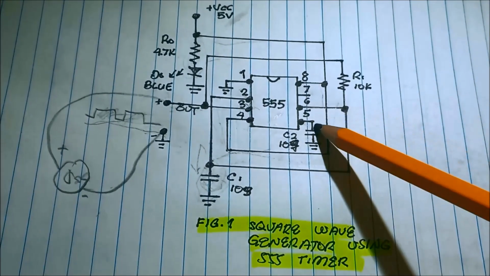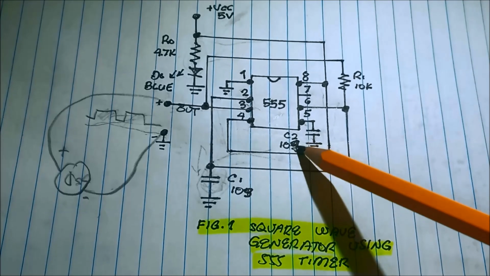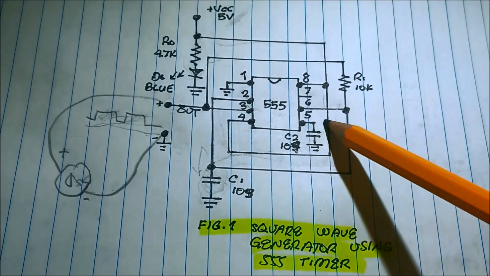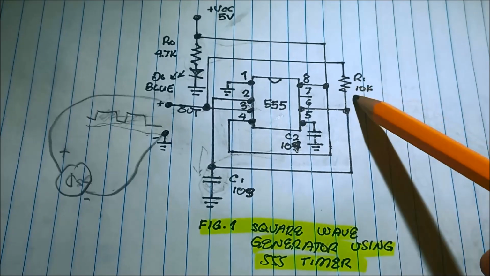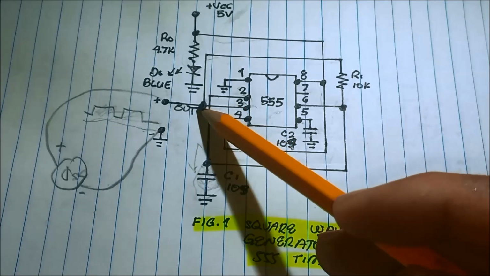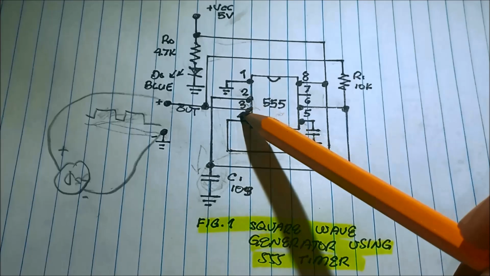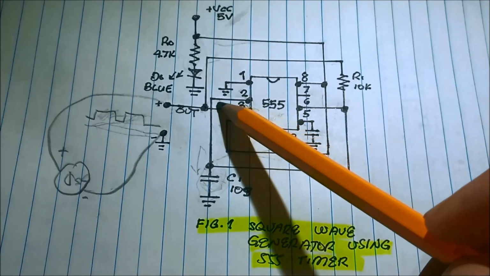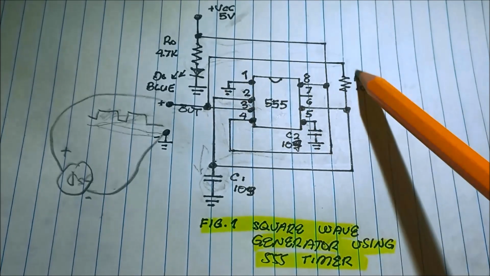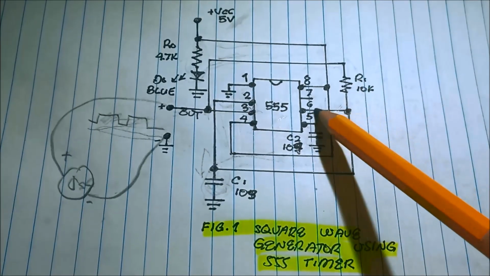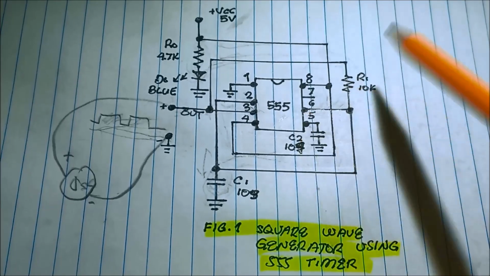Pin number 5 is the control voltage, with a 104 ceramic capacitor used, and pin number 6 is connected through a 10K resistor to the output. So it tends to oscillate because there is an output and then it goes to feedback. This serves as the feedback to pin number 6, the discharge pin.